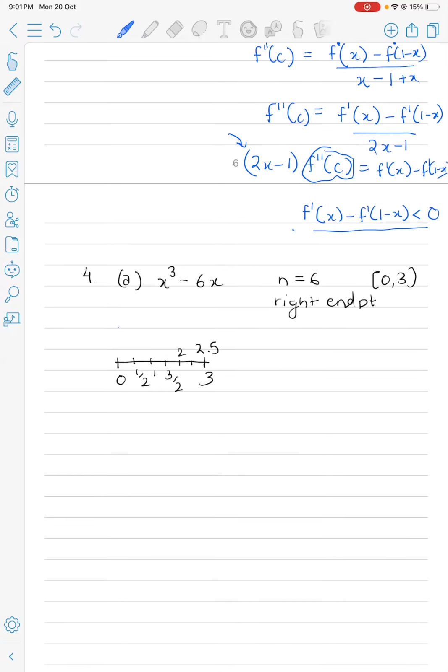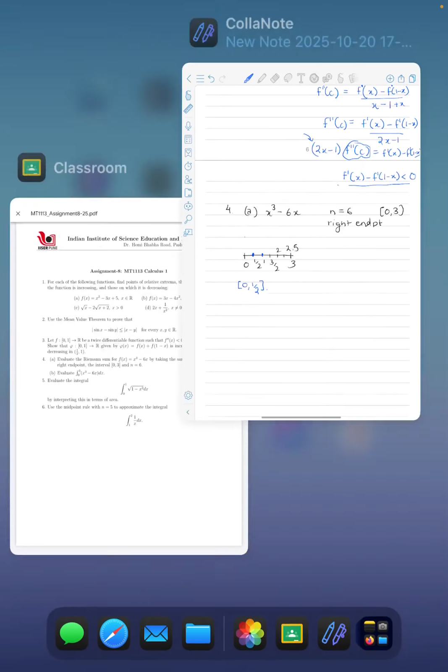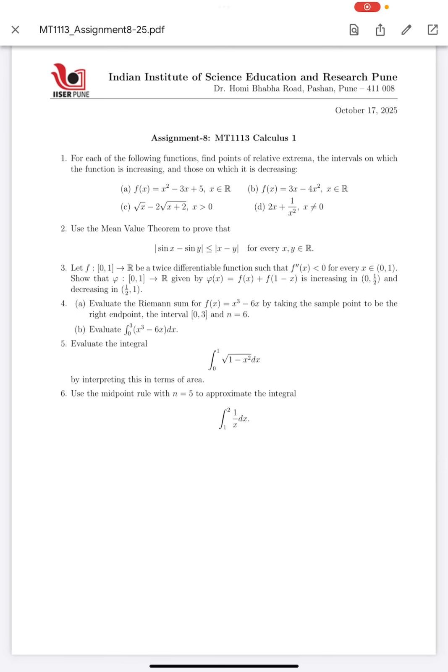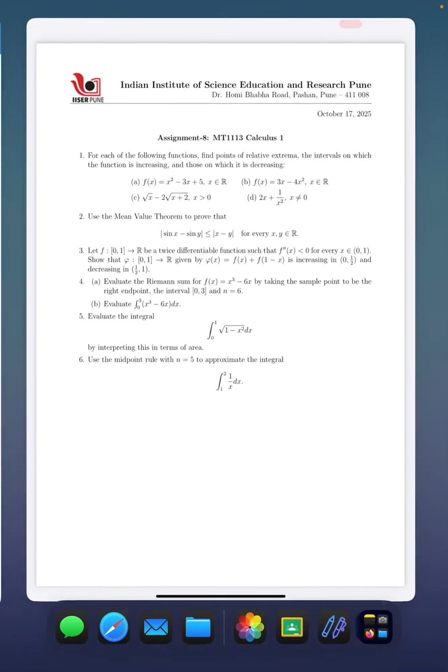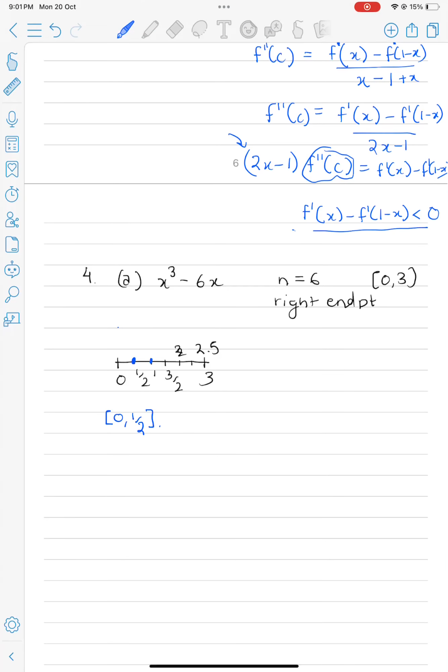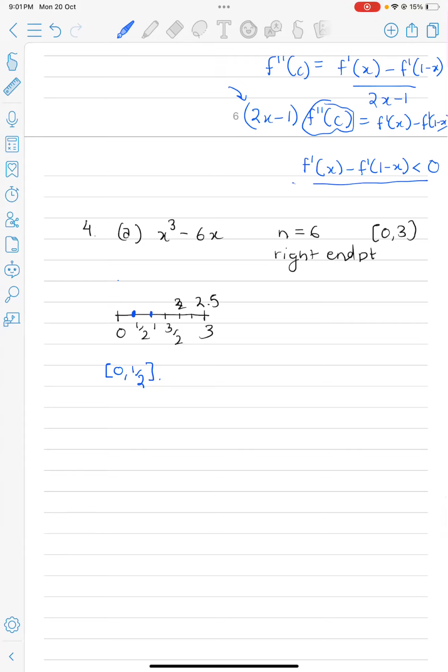So let's say we will take these endpoints, 0 to half. We will take the right endpoint, right? Let me check. Right endpoint. This is the formula, sum of f(ck) delta xk, k is equal to 1 to 6.